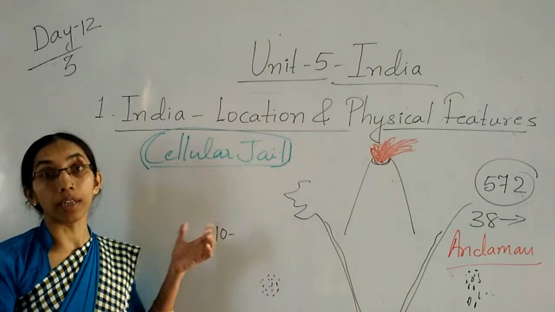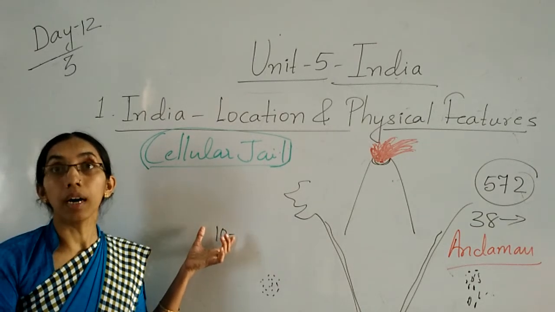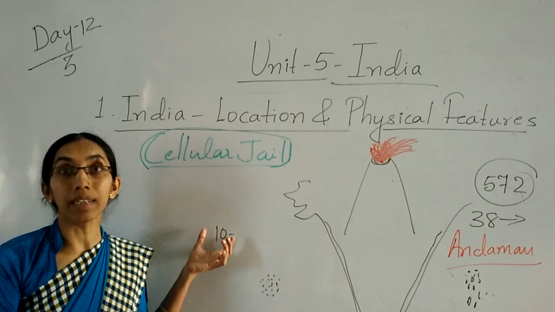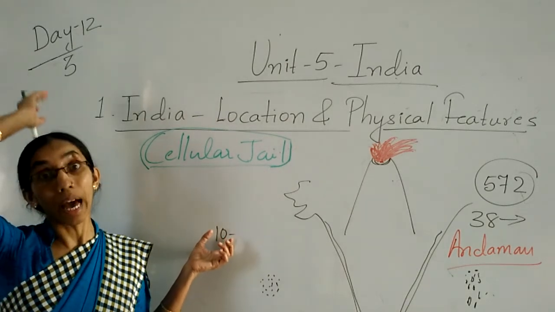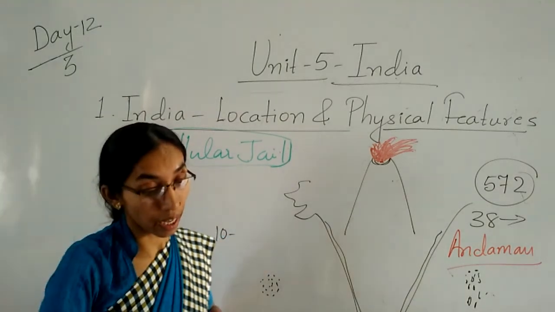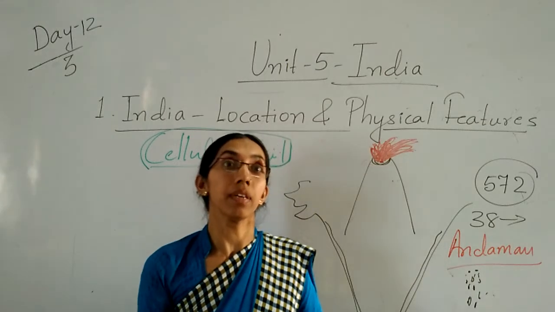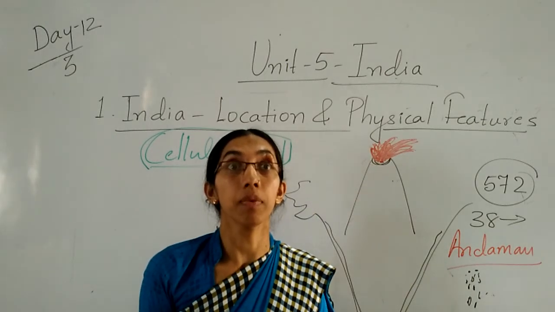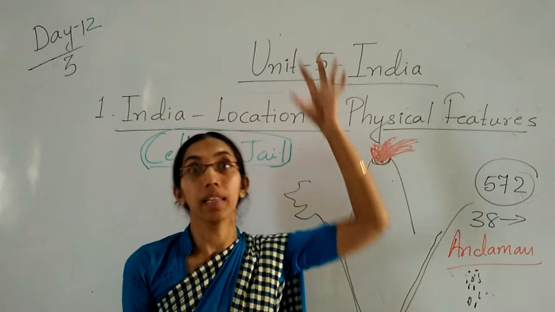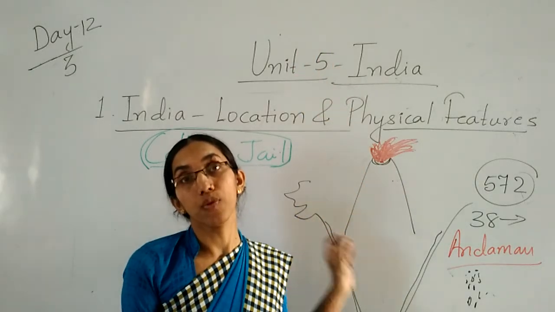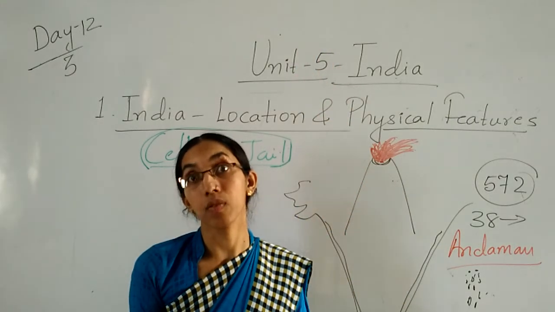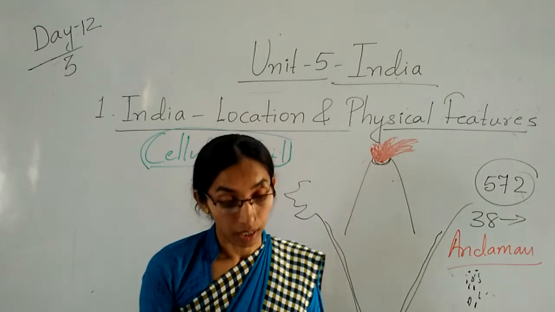Kala Pani means what? In that jail, the prisoners will get a life sentence. Their punishment is for a lifetime, till they die. They should be in this jail only. That is called the cellular jail.